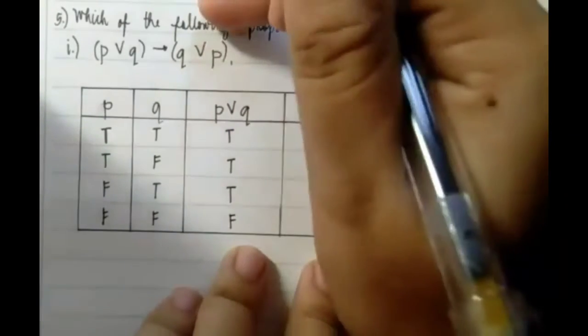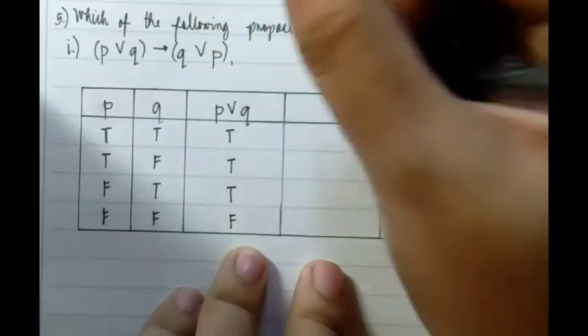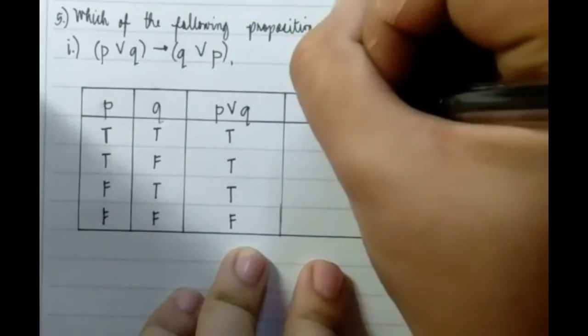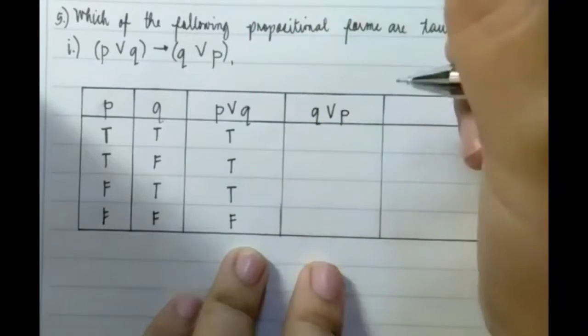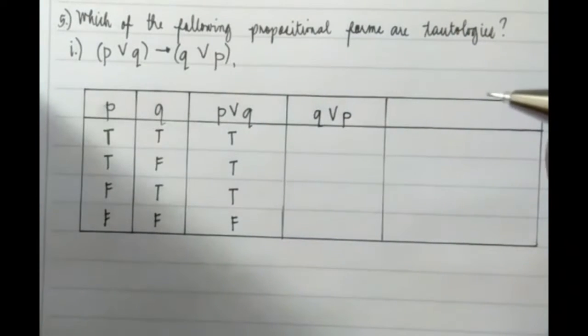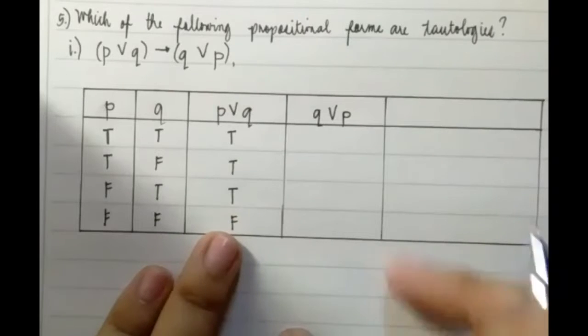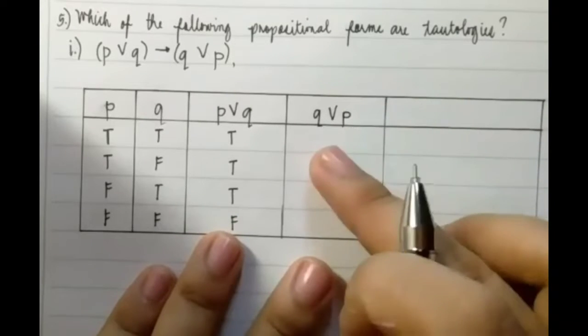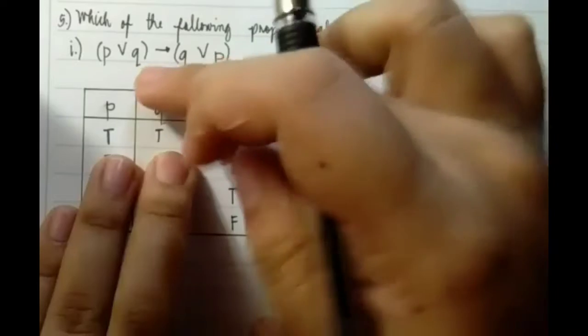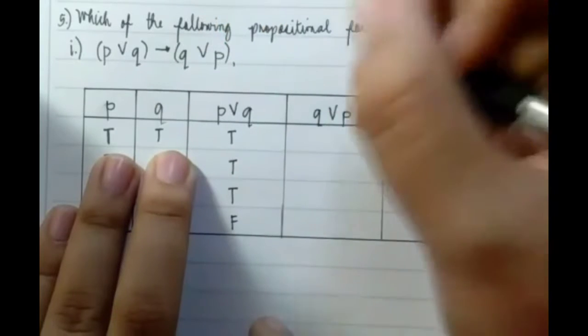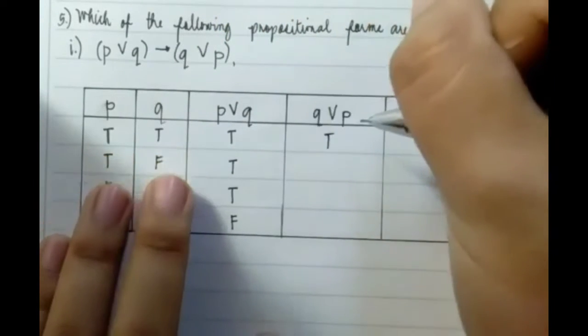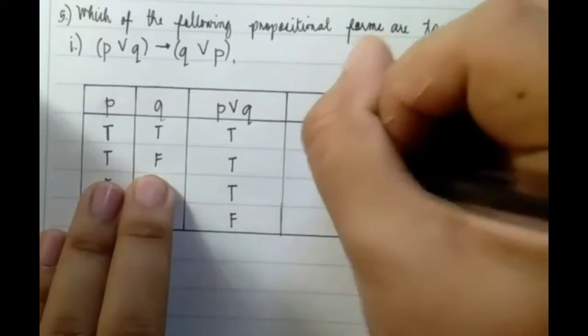Now, let's get the Q or P. The same with P or Q, this is also a disjunction since we have the or symbol. The first row is true. Second is also true.